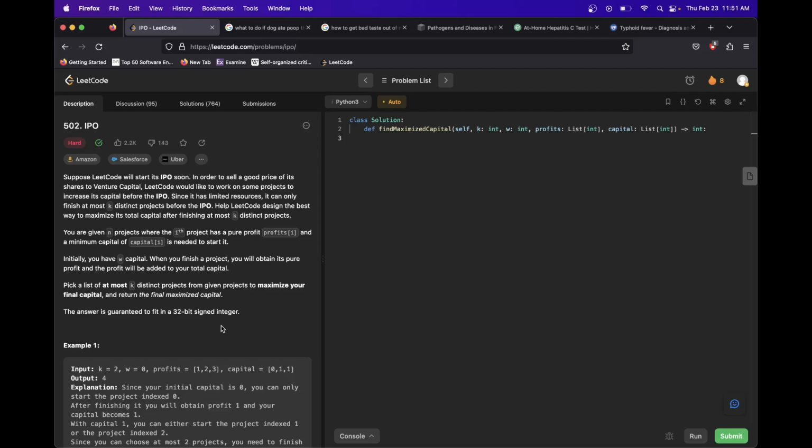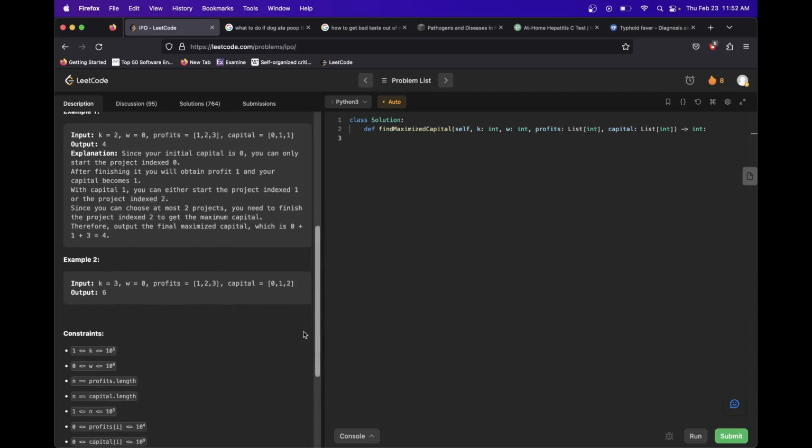We really only have one choice at any given moment, which is what can we do, and what's the project we can do that's going to give the most profit. And that's really what we're going to do. We're going to find a way to efficiently say which one of these has the most profit, with the caveat that we can afford it.